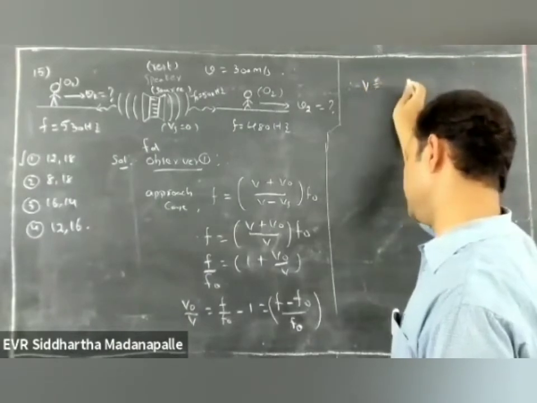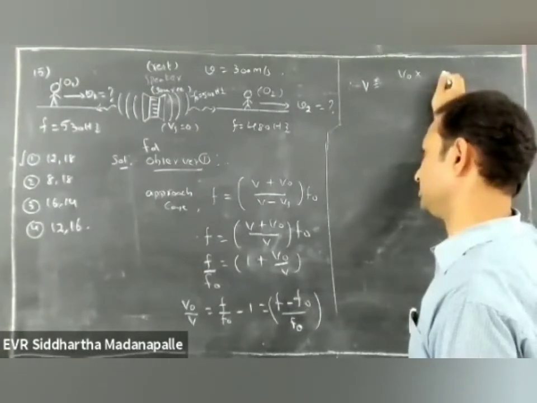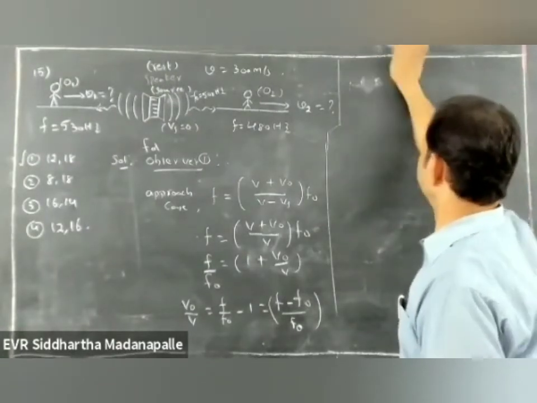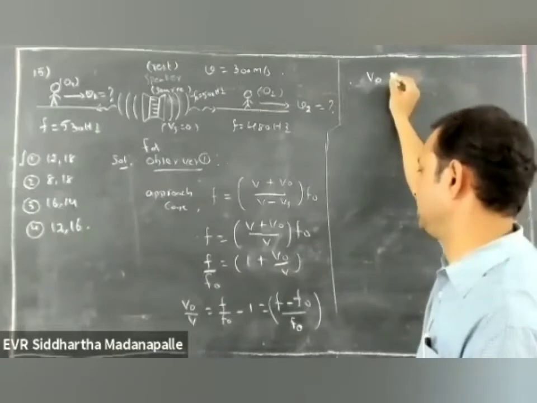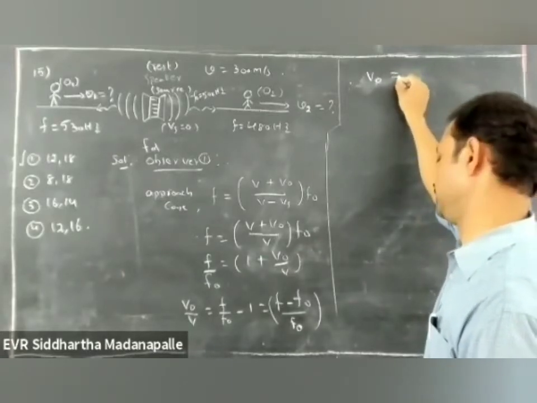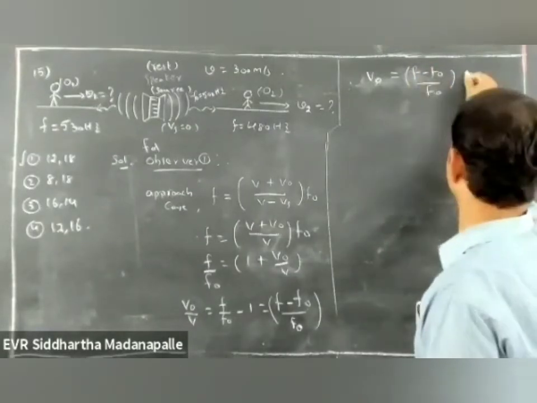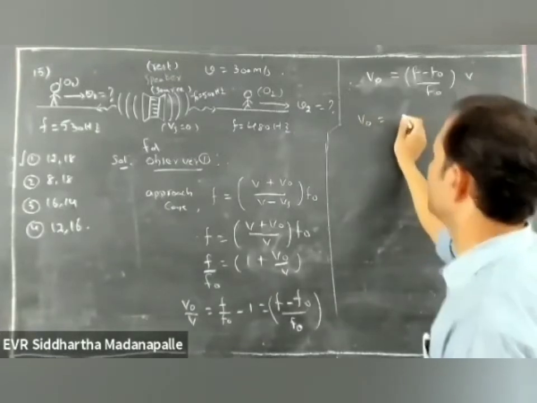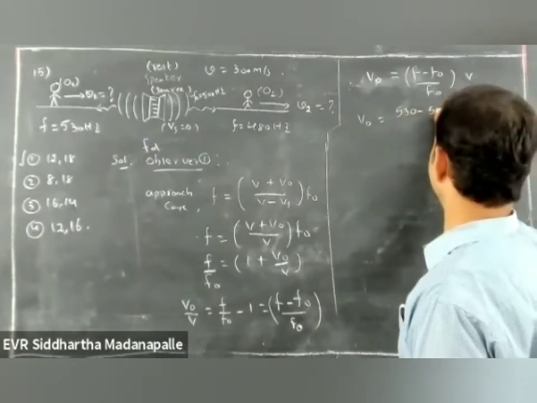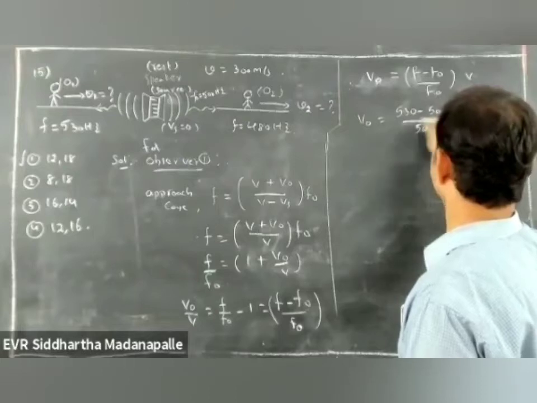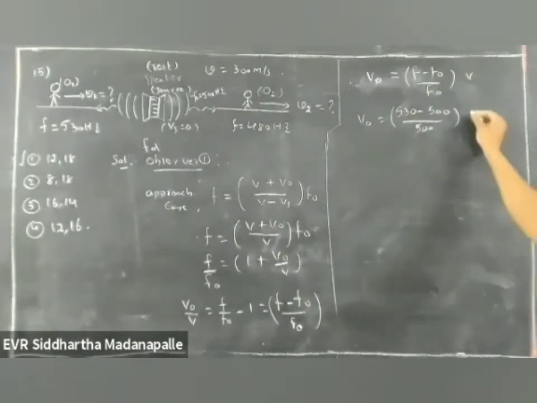Therefore V naught is equal to F minus F naught by F naught into V. That is 530 minus 500 by 500 into V. Speed of the sound is 300.